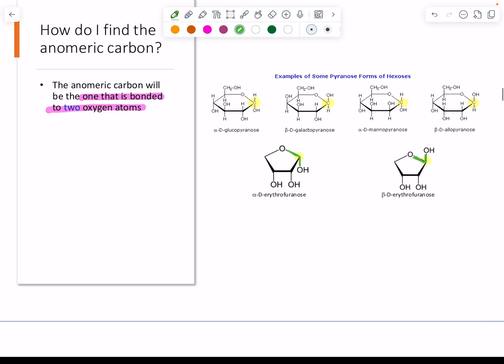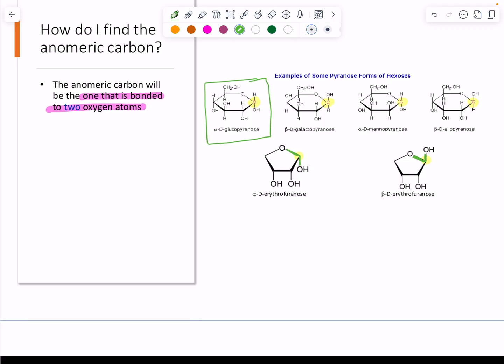But let's pause for a minute to say, what would an L sugar look like in a Haworth projection? Remember, we're going to use glucose as our example here. So this is alpha D glucopyranose. So we're going to make alpha L glucopyranose. And so the rule is D or L, they're enantiomers, they're mirror images.